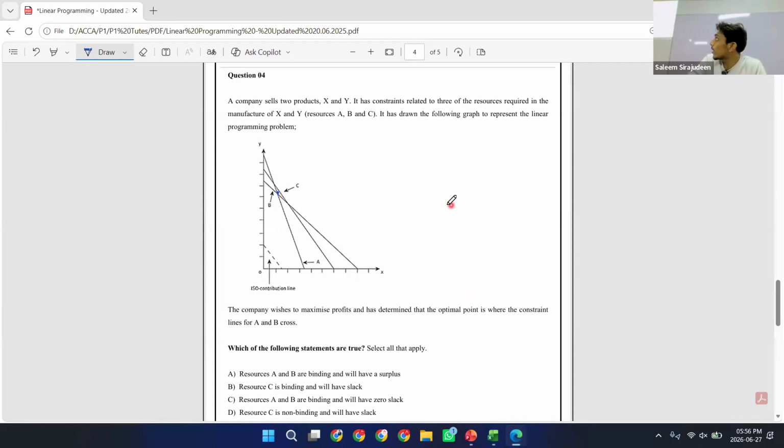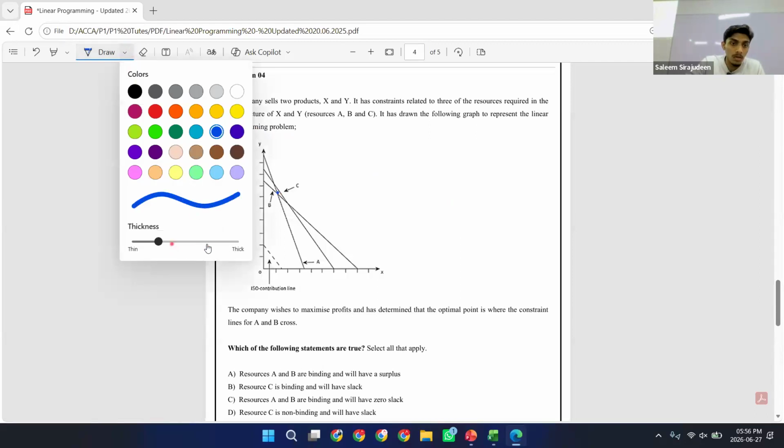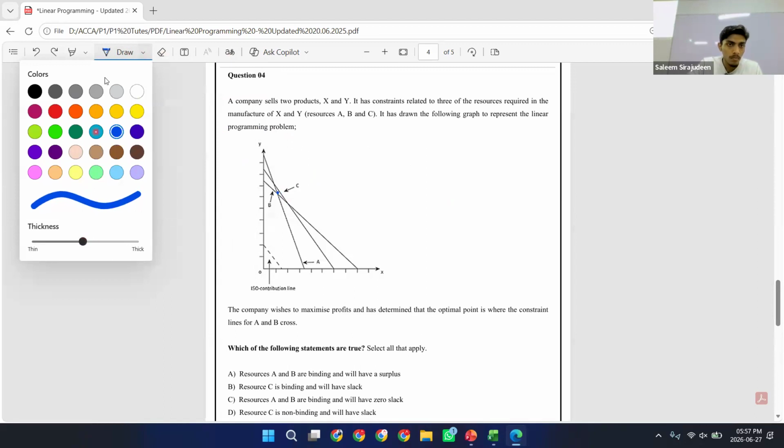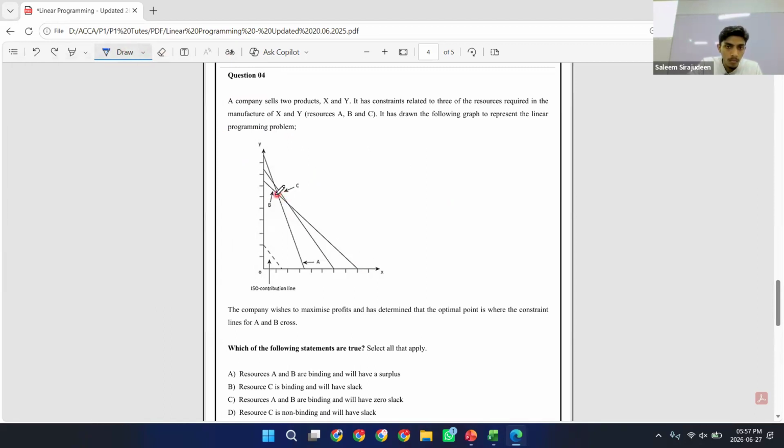Correct? Right. Let me draw it a bit bigger. This point. Here, A and B, right? Which of the following statements are true? Resources A and B are binding and will have a surplus.